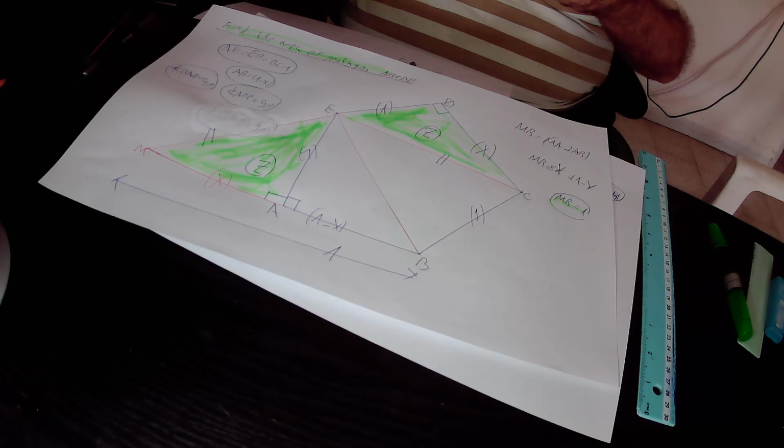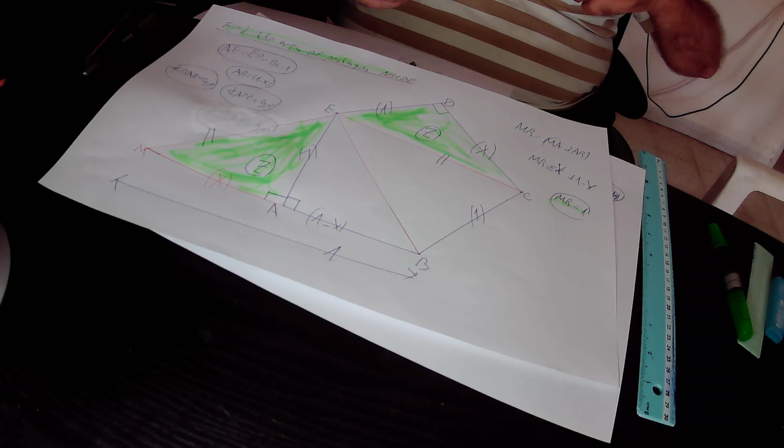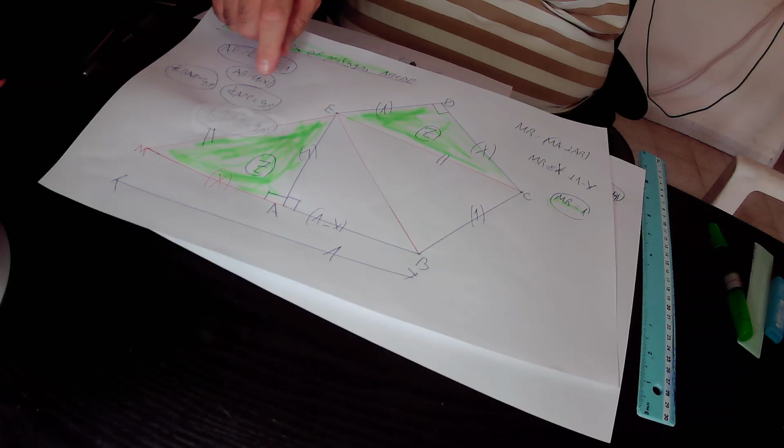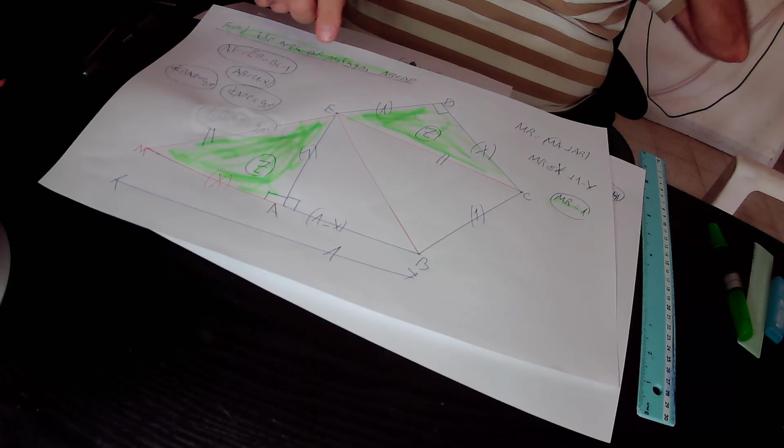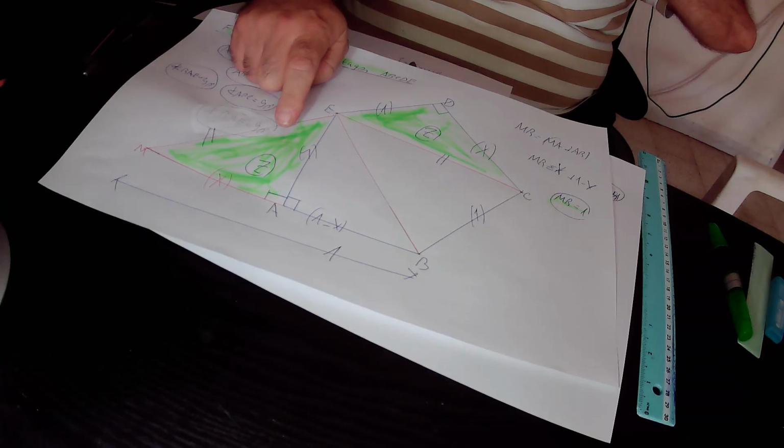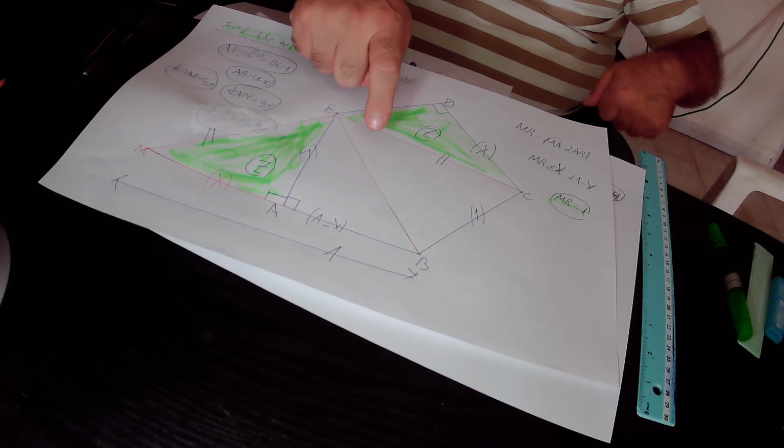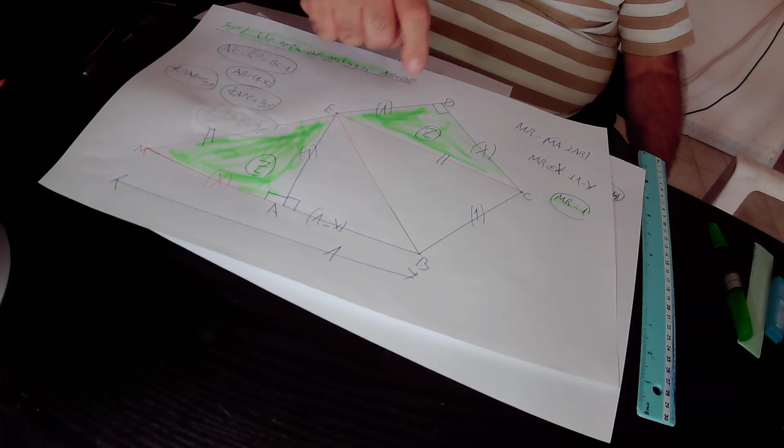The area of quadrilateral EMBC is equal to the sum of the areas that it consists of. So the area of this green triangle EMA plus the area of this quadrilateral EABC must be equal to 1.